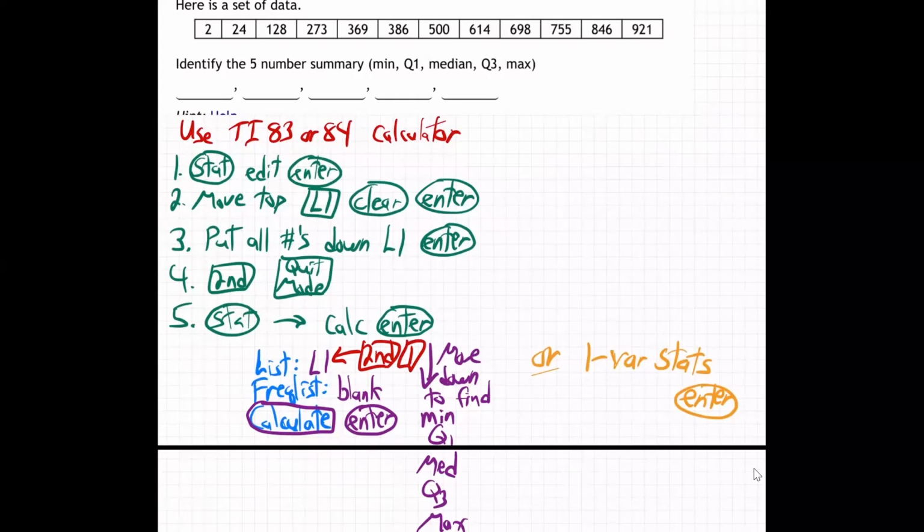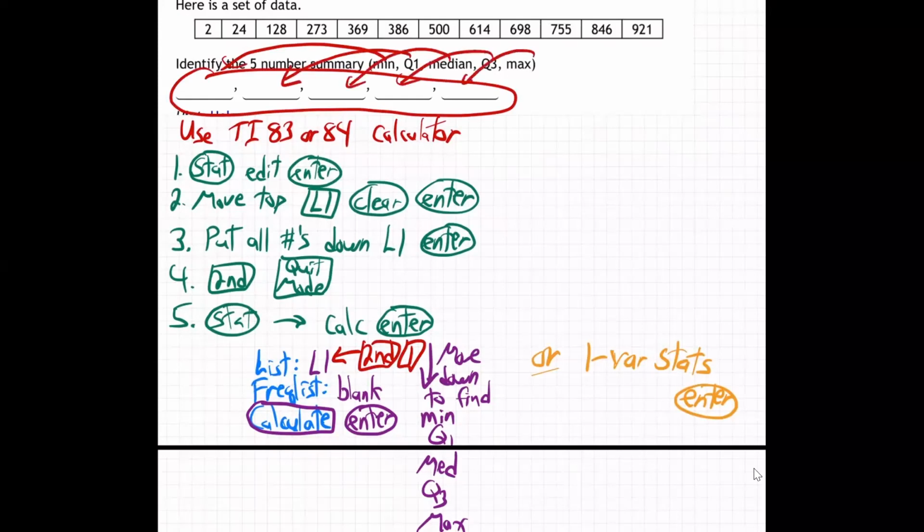And then that'll give you the data. So the 5 numbers that the calculator spit out go right in these 5 spots. The min goes there, and the Q1 goes there, and the median goes there, and the Q3 goes there, and the max goes there. Just put those 5 numbers in, and we've got it. And there we go.